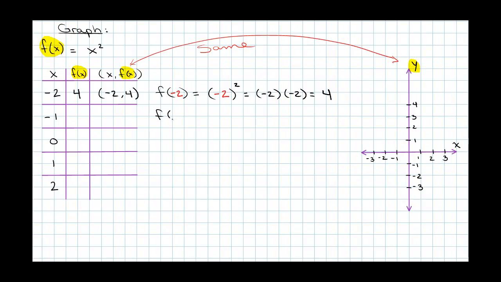Okay, let's do f of -1. F of -1 is going to just be -1 squared. And -1 squared is just -1 times -1, which is going to give me a +1.